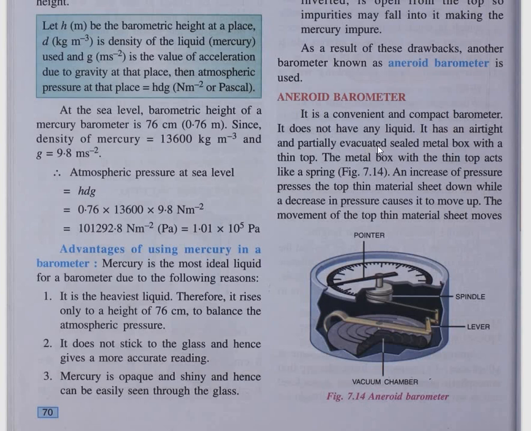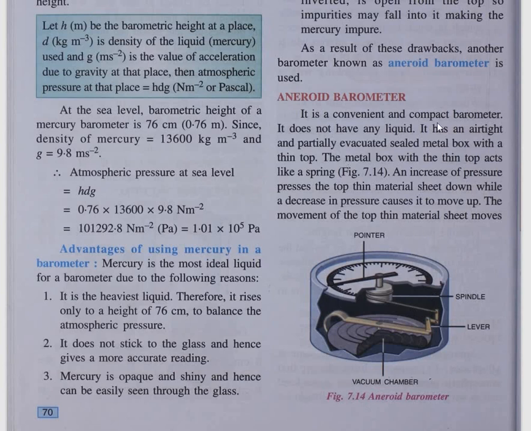The metal box with a thin top acts like a spring. With an increase in pressure, the thin top sheet goes down, while with a decrease in pressure the metal sheet goes up. The spindle, lever and pointer.